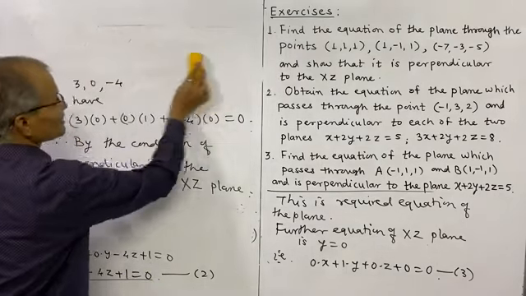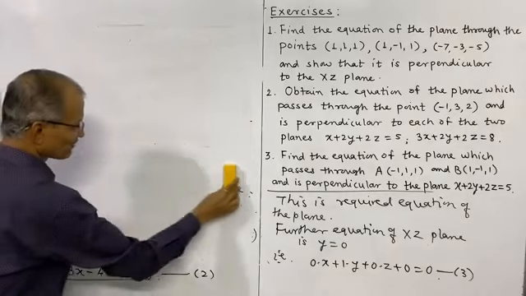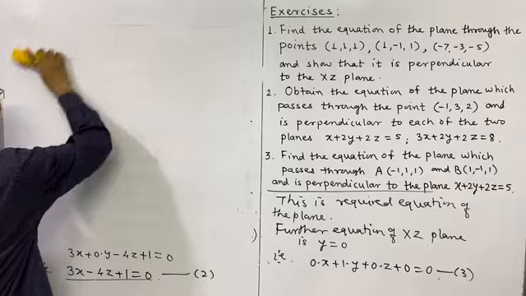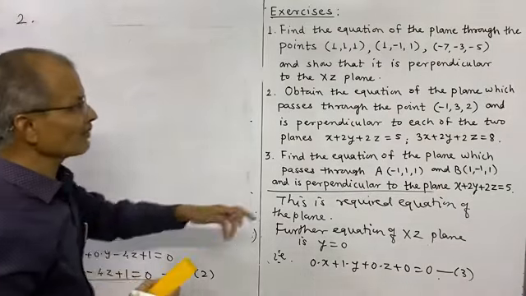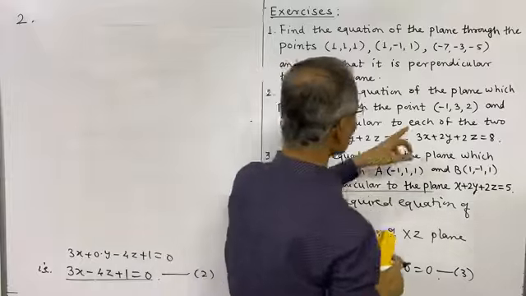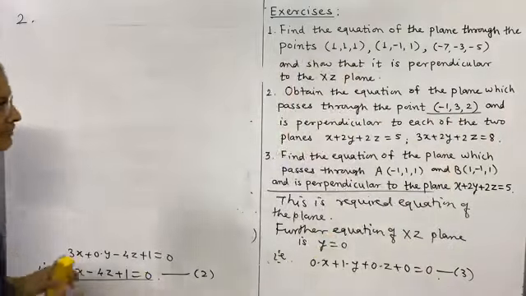Now we will have the solution for the second problem. See, what is the second problem? We have to obtain the equation of the plane which passes through the point minus 1, 3, 2. First we write that equation.